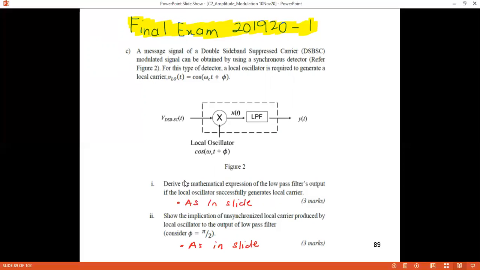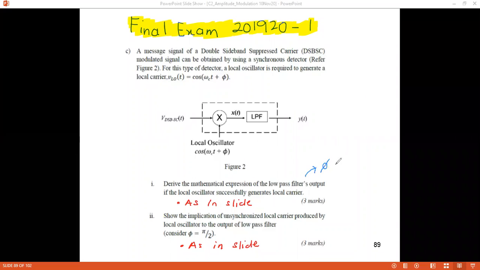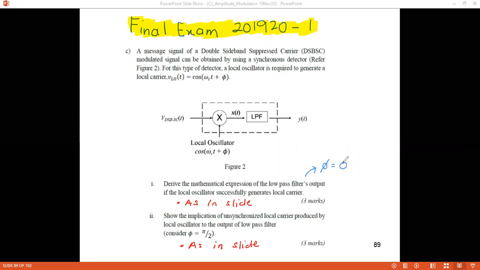So part 1 is when your phi is equal to 0. So just down here, for this part 1, your phi should be 0. Okay, so you just derive mathematically.